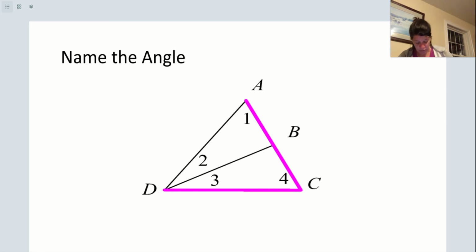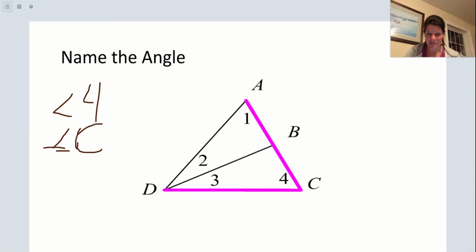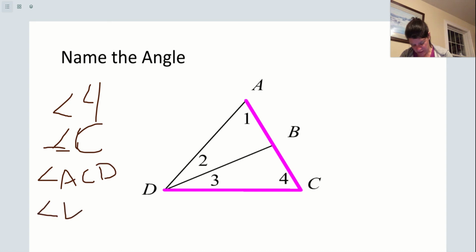So one way we can name it is we can say that this is angle 4. We could also say this is angle C. And another way would be angle ACD. We could say angle DCA.